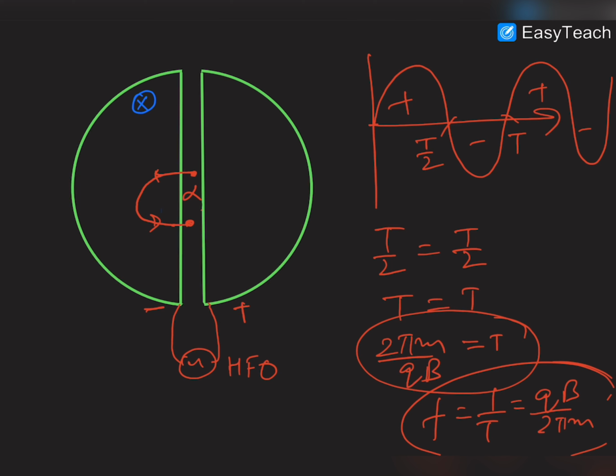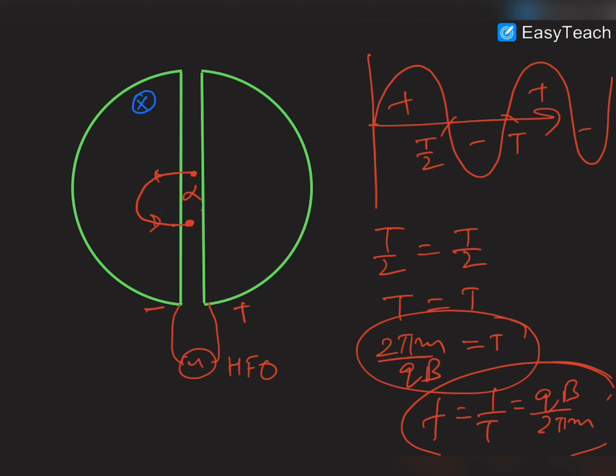We have done that already, because we know that the mass of the alpha particle is constant, the charge of the alpha particle is constant, and the magnetic field which we have created is constant. So we can find out the time period of the alpha particle by this formula, and we can find out the frequency of rotation of this alpha particle by this formula, and we can set the HFO to this frequency.